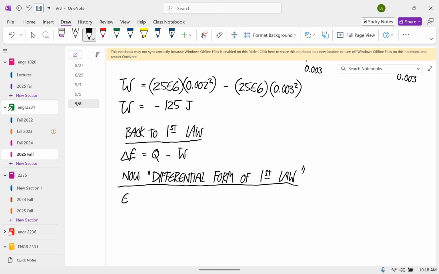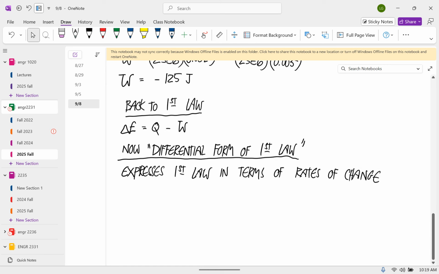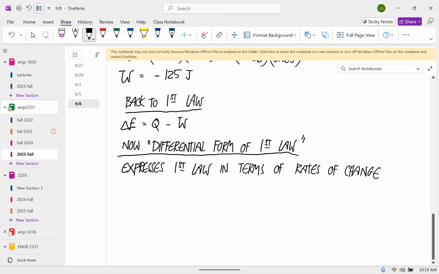And this expresses the first law in terms of rates of change. So in terms of rates of change, the time derivative of the energy of the system is equal to Q dot minus W dot.